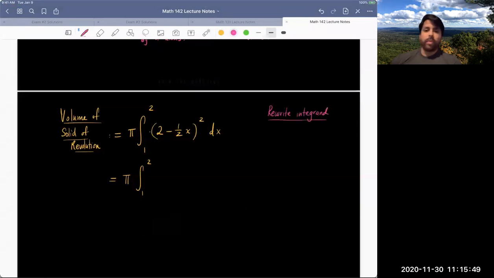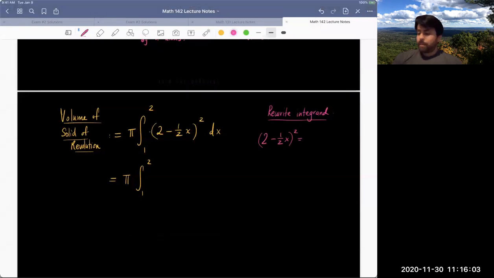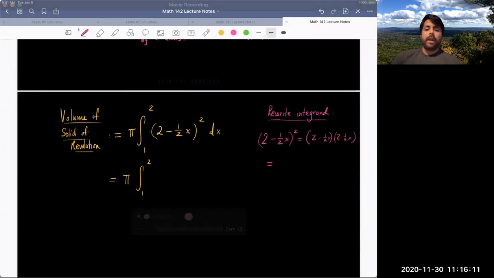And when I do so, what do I get? What happens when I do 2 minus 1/2 x and I actually square it? What do I get, guys, when I square this? I expand it and I get what?